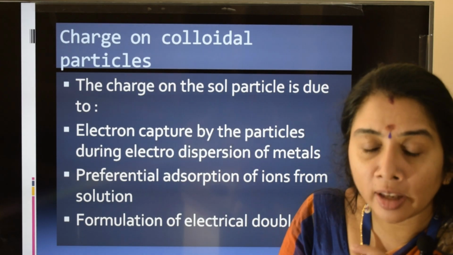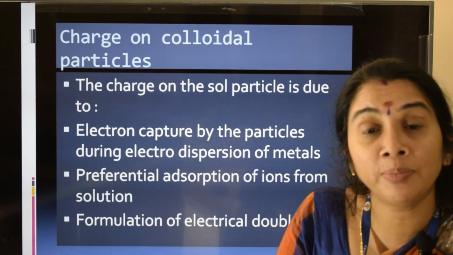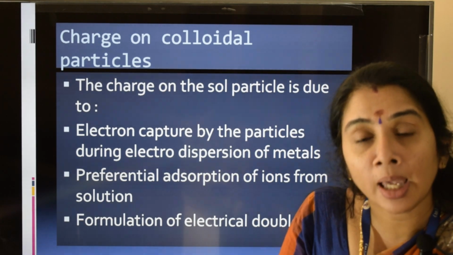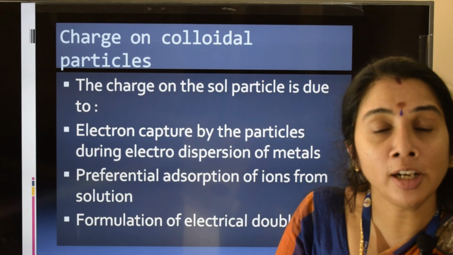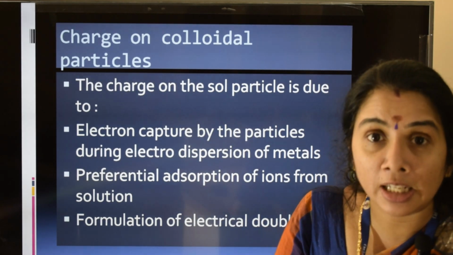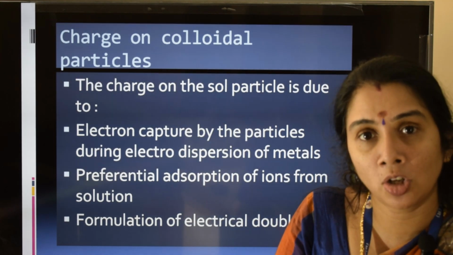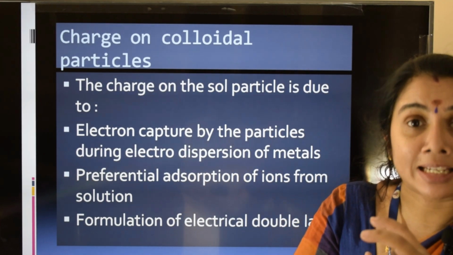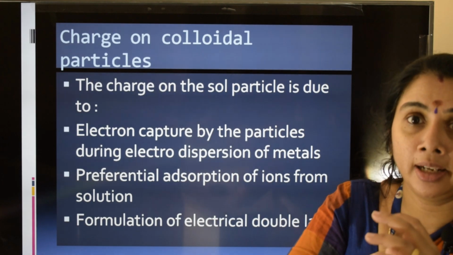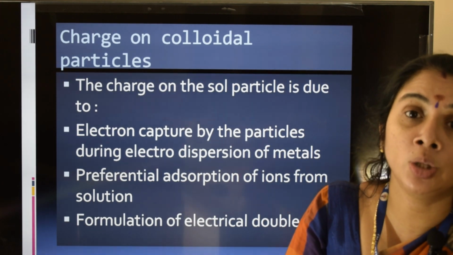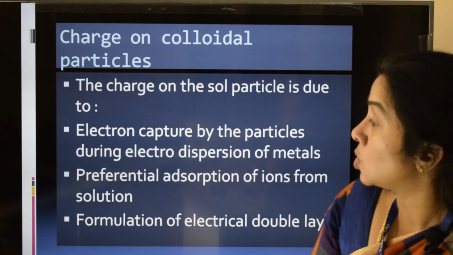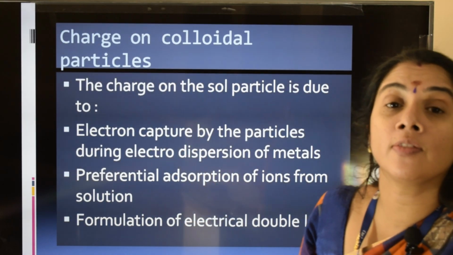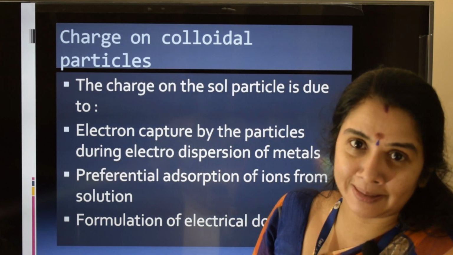So these cations, which are discharged from the electrodes, are cooled and kept in the dispersion medium in the colloidal range. These particles will attract the mobile electrons. The loosely bound electrons get absorbed on the layer, thus giving a negative charge to the colloidal particles. So that is how the electron capture method gives a negative sign to the colloidal particles.